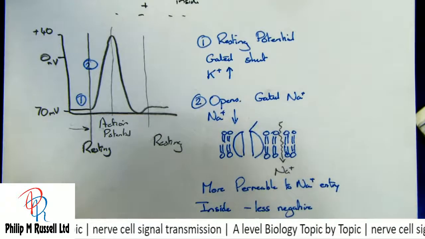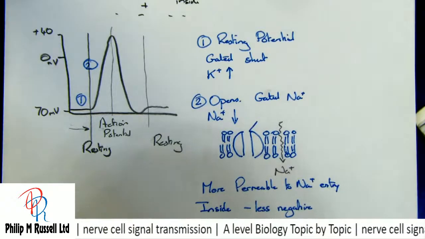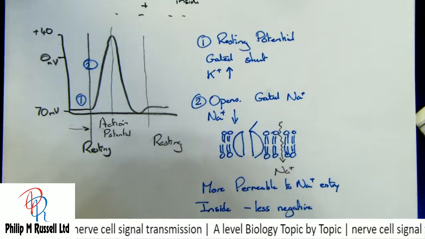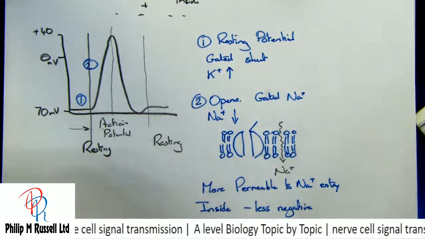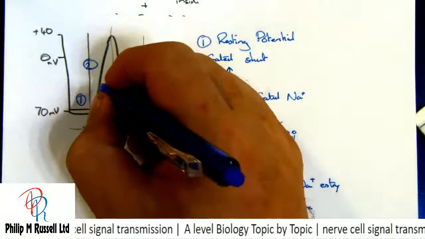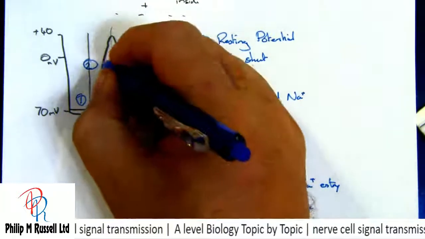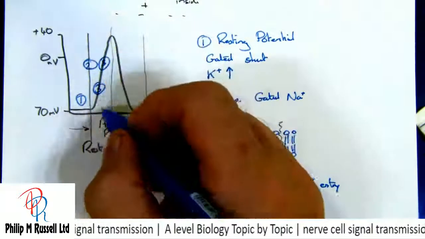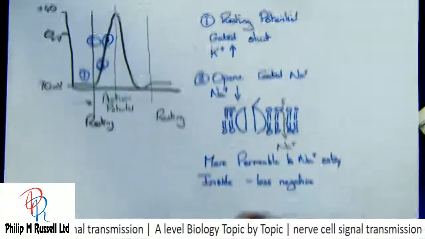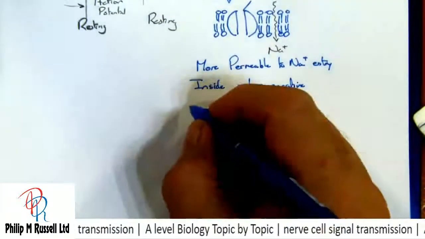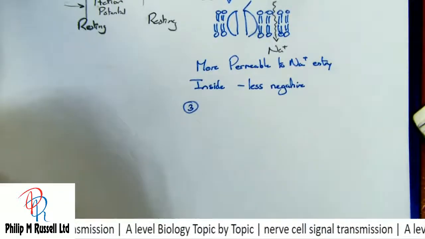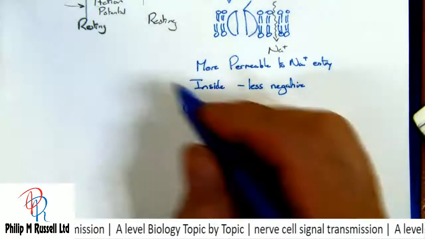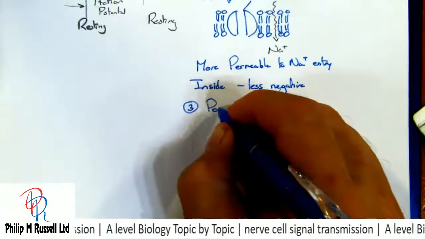This change in charge is going to cause more sodium ion channels to open. So here we're getting stuff going on, so let's do this as number 3. And what's happening here is we're getting positive feedback.